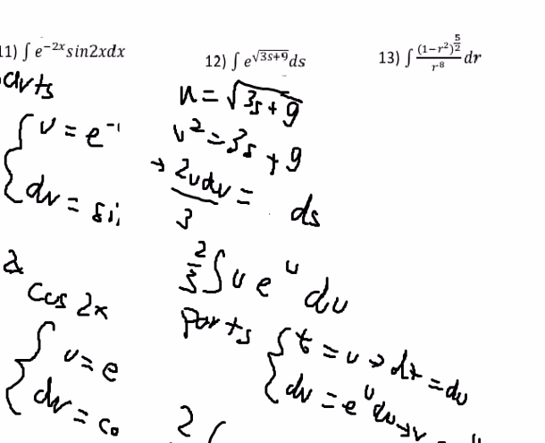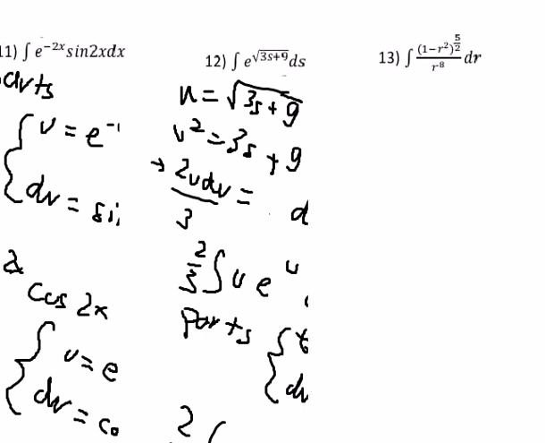The next one, so we use r equal to sine t, dr equal to cosine t dt.